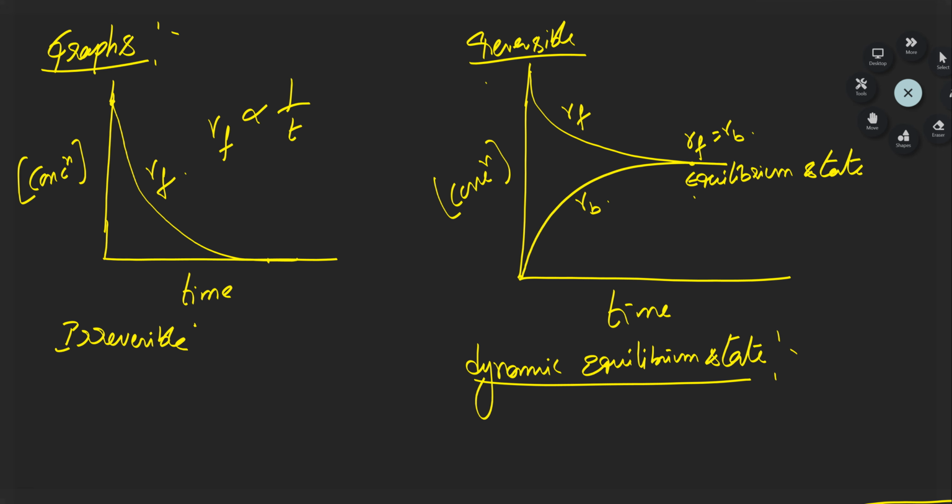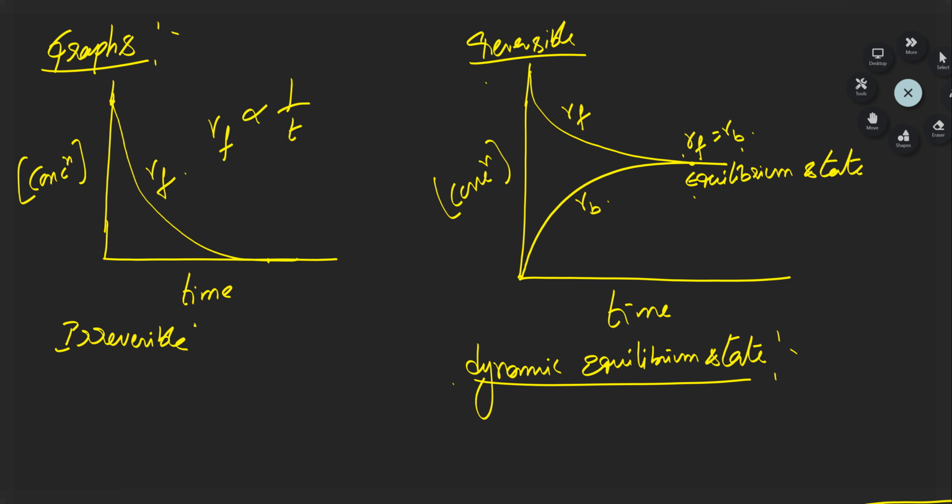Equilibrium means the rate of the forward reaction will be equal to the rate of the backward reaction. So at the equilibrium state, all measurable properties, concentration, volume, density, moles, will all be constant. But if you are taking dynamic equilibrium, the concentrations of reactant and product may or may not be the same.